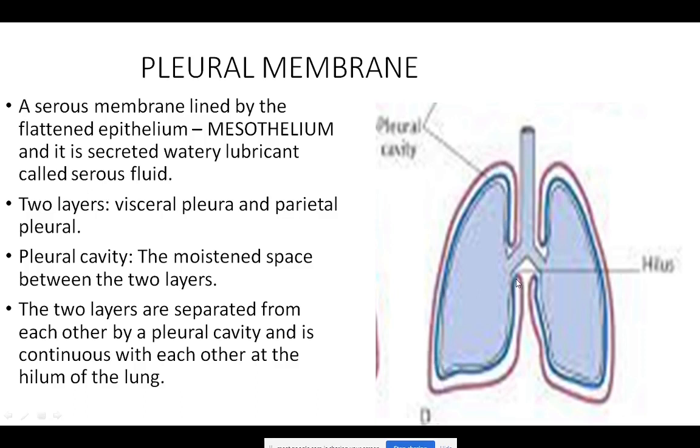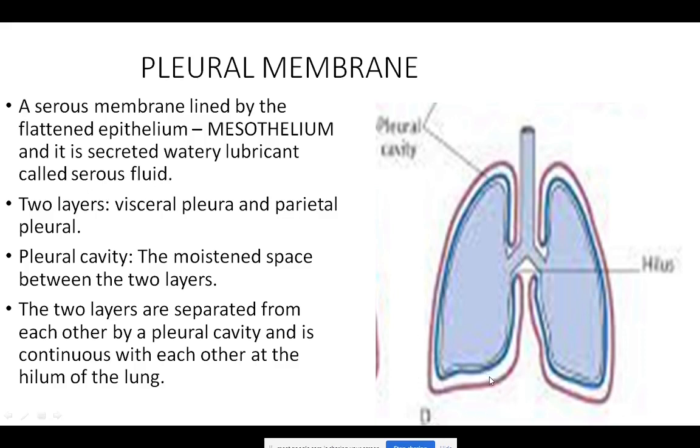Visceral means organ. The outer pleura, the external part, is known as the parietal pleura. This parietal pleura lines the thoracic wall.